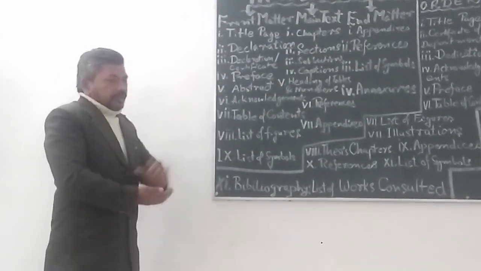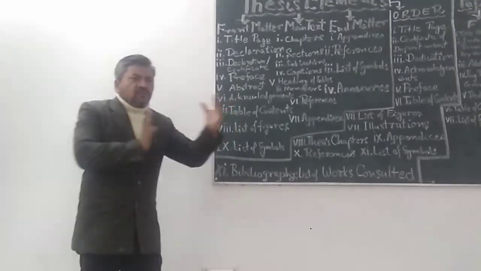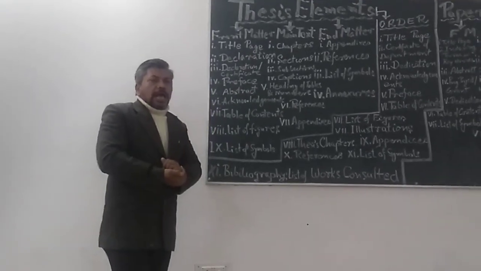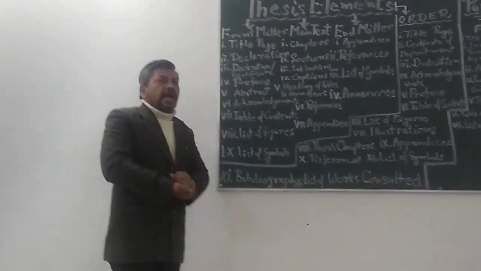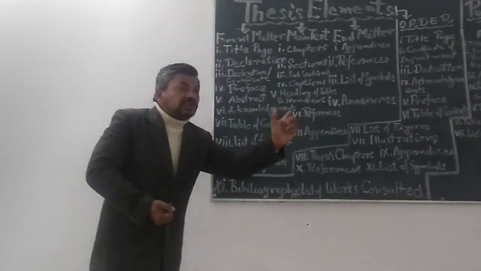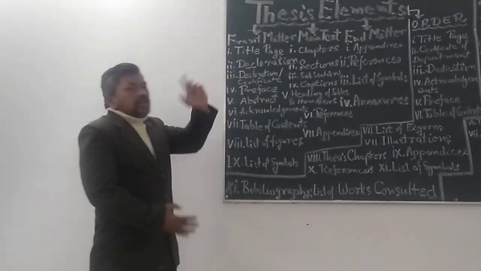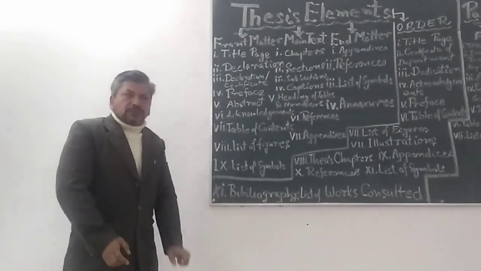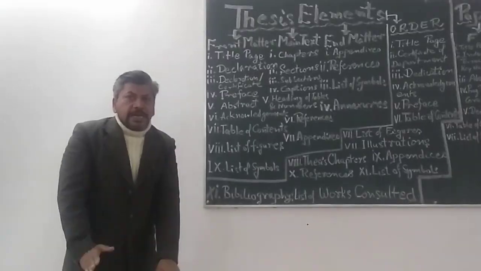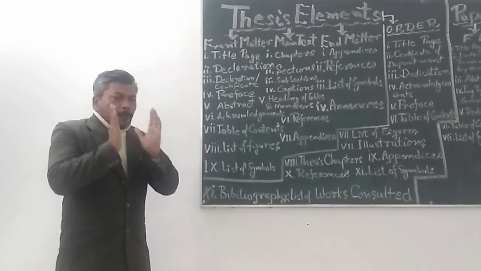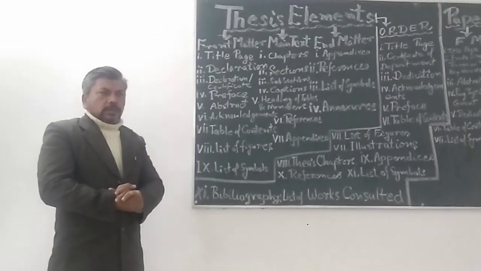What is an abstract? In the managerial field, in management, an abstract is also known as an executive summary. An abstract is different from a summary. An abstract can be independently bound, separately submitted.